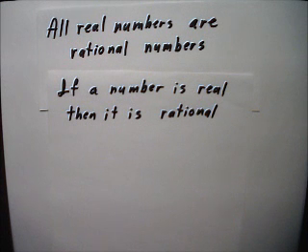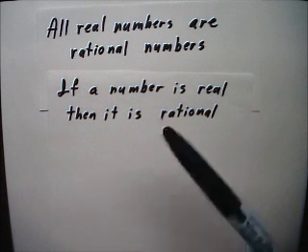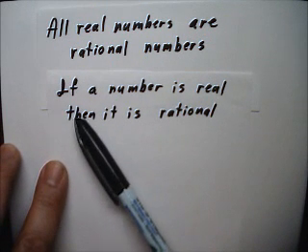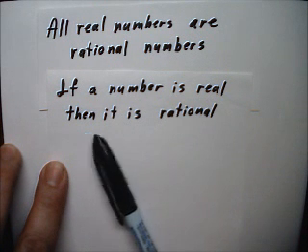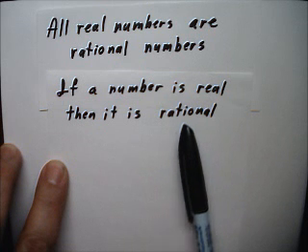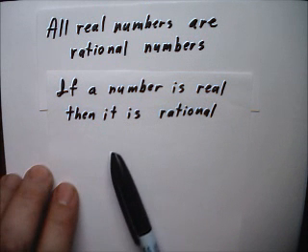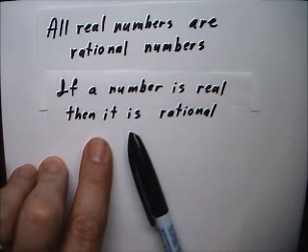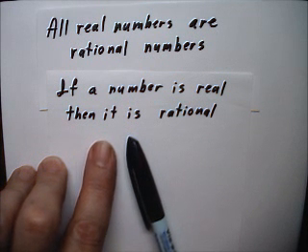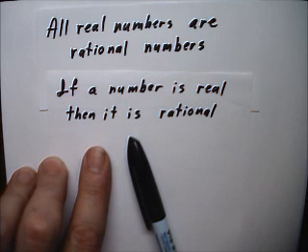And this is the answer in the book, and it says if a number is real, then it is rational, and this is false, just like this. I tried to come up with a different possibility, and what I came up with was very strange.